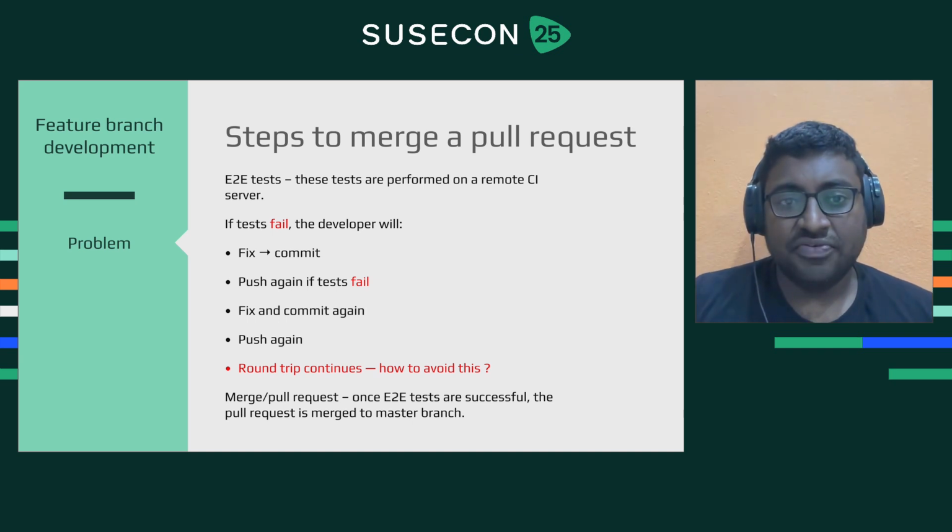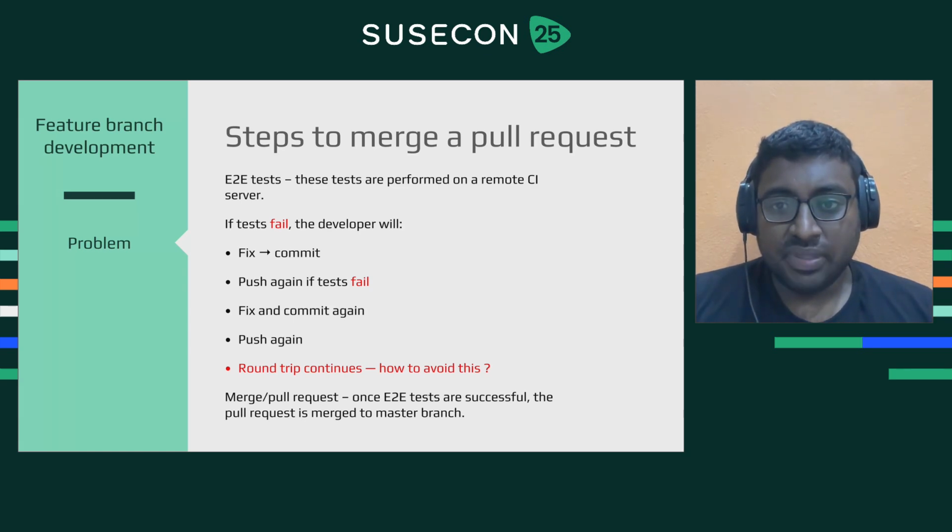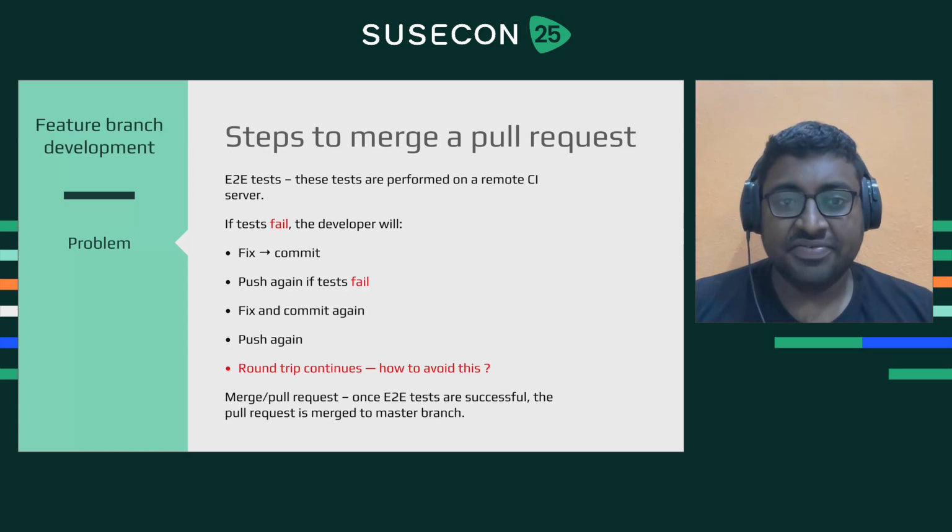Let's take a scenario where I raise a pull request, and since these end-to-end tests are performed on a remote CI/CD server, say an end-to-end test fails. What would the developer do?